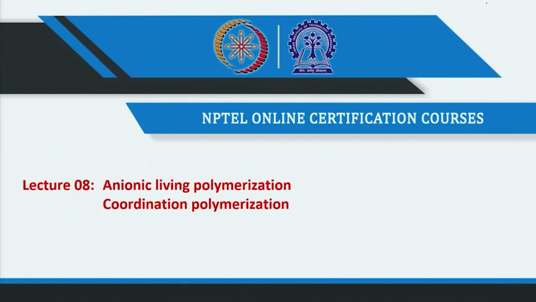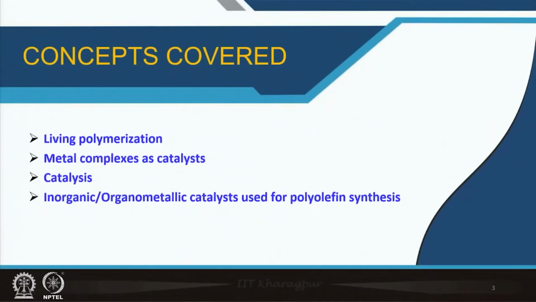Continuing from that, in this class we will discuss the anionic living polymerization and then we will start the coordination polymerizations. The basic concept we will cover here is the living polymerization protocol, which we started in the controlled radical polymerization, and here we will mainly focus on the anionic ring opening polymerization in this class today.